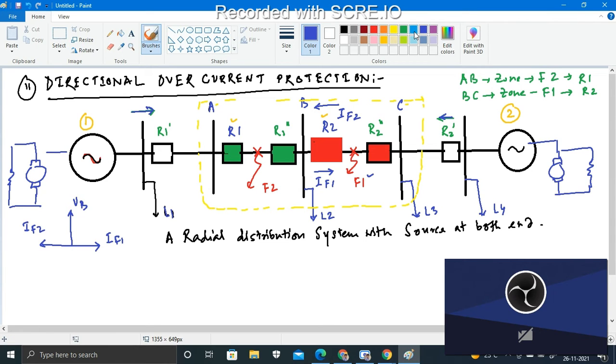What I have told is that the F1 fault will appear due to source 2, and the F2 fault will appear due to source 1. So this will be considered as source 1 and this as source 2.